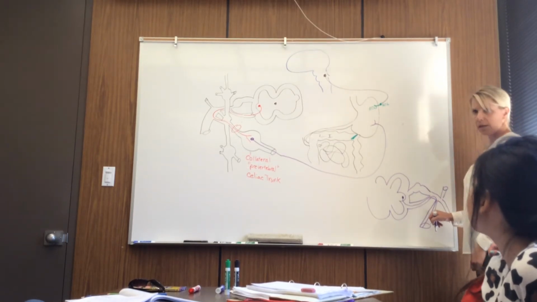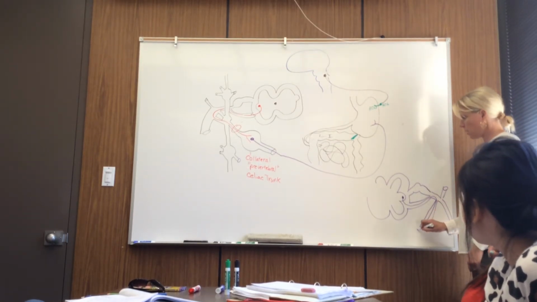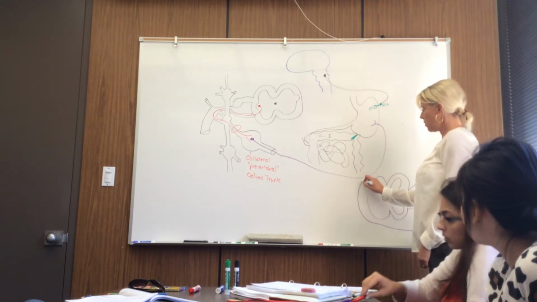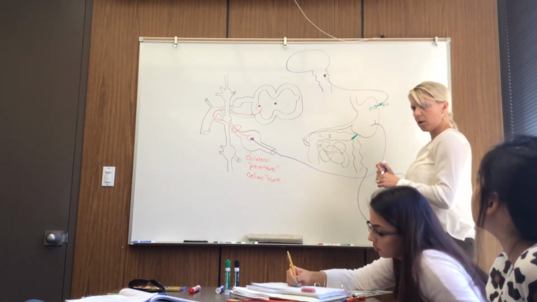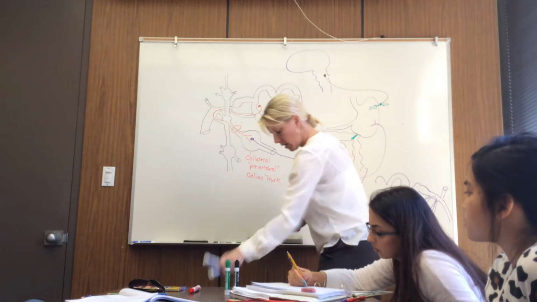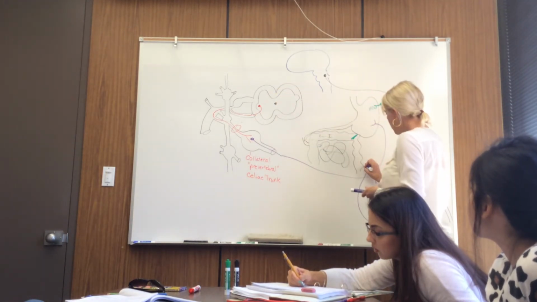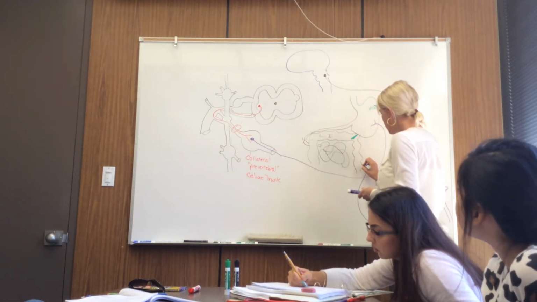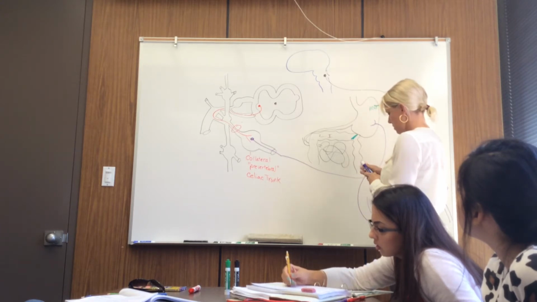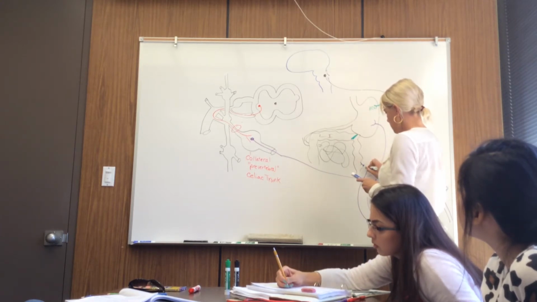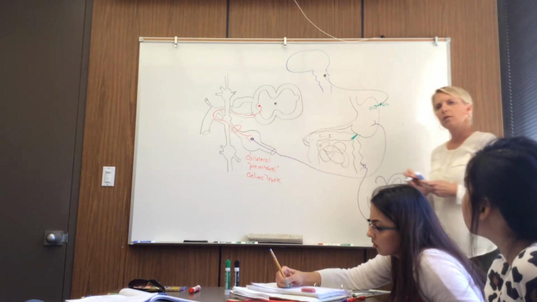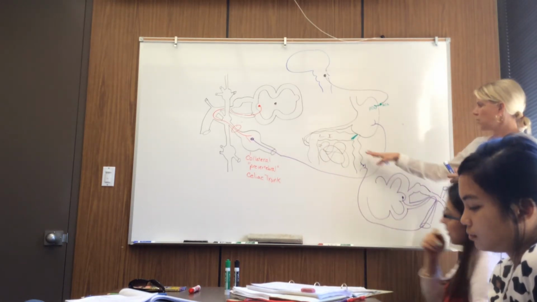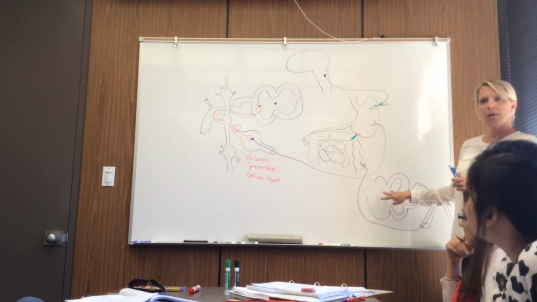Splanchnic means preganglionic fibers only. It would get close to the intestinal wall, and then the postganglionic fiber would go to the wall, and then it would be in the wall of the effector, right? So this is for below the left colic flexure.